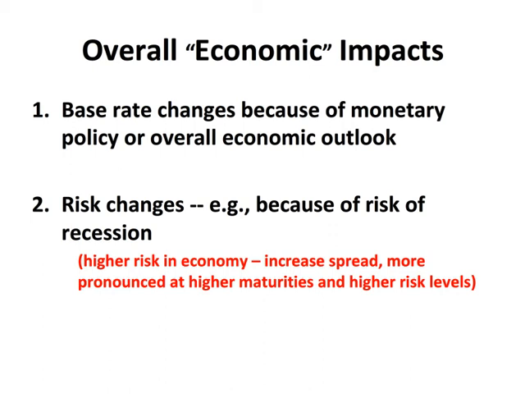If we had an increase in the risk of the economy going into recession, that would, in the red here, increase the spread, and you would generally expect to see that more pronounced at higher maturity levels. Again, as you go out in time, the chance of bad things happening to you increases, and firms at higher risk levels will likely feel an economic downturn more than more solid companies.